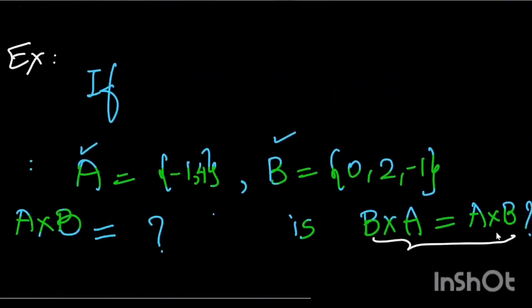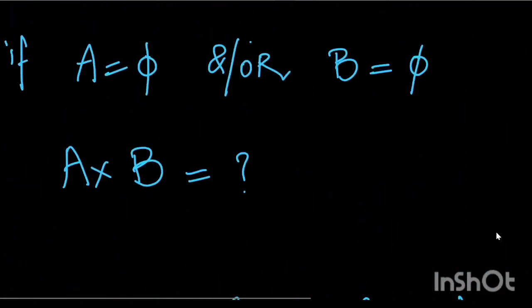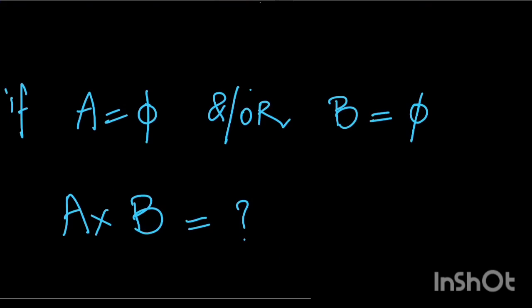Now what if one of the sets, guys, is phi? If A is phi or B is phi, or both are phi, then what about A cross B? What do you say, guys?